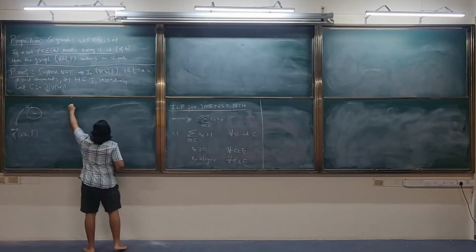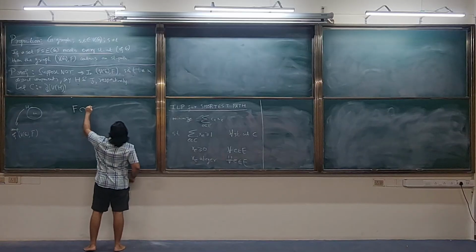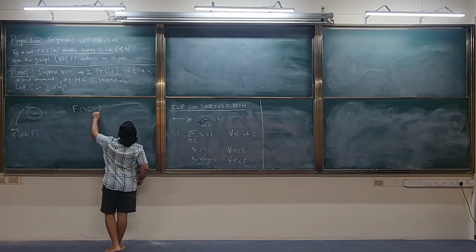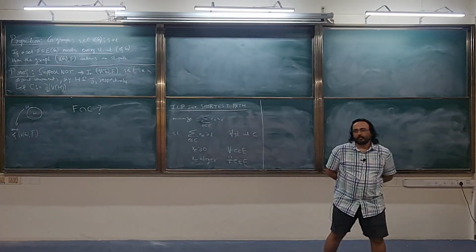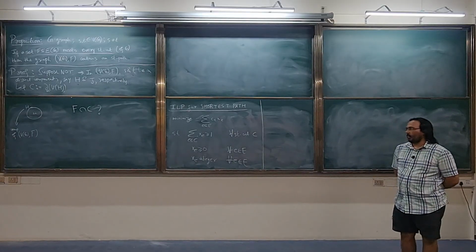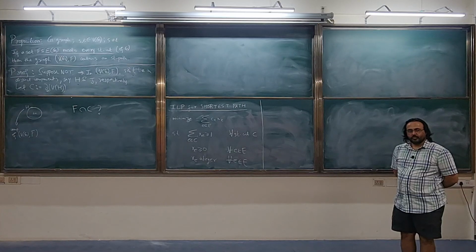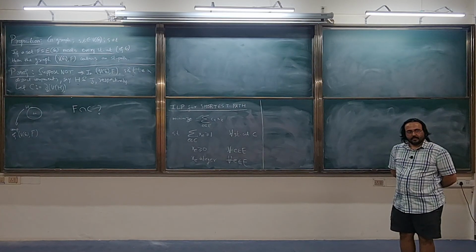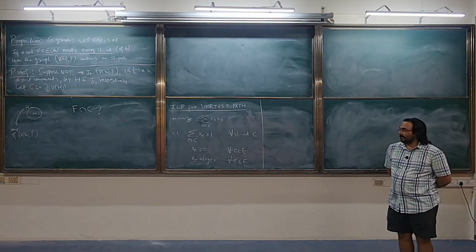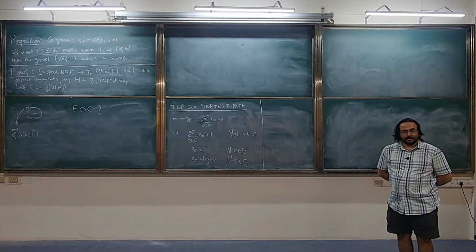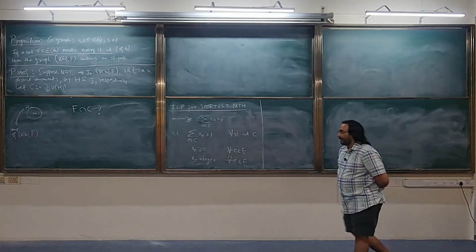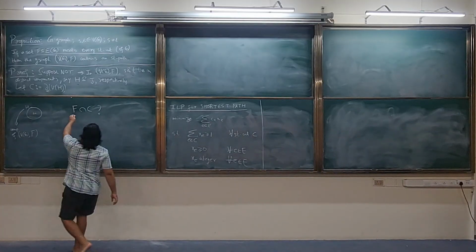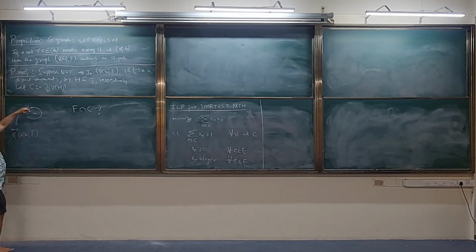So actually, consider F intersection C. What can you say about this? It should be non-empty, but it is actually empty, which is a contradiction. Because if there were an edge in this set, remember this is the cut C corresponding to this fellow.